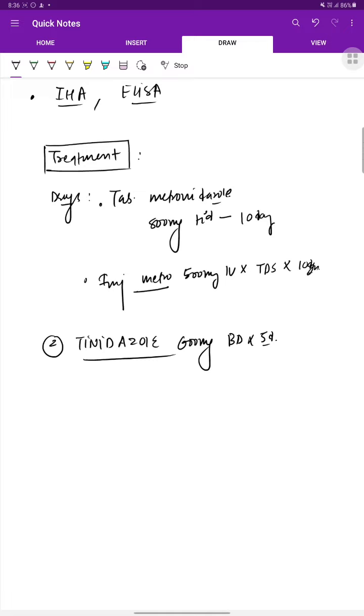We can also give oral antibiotics like cefixime, ciprofloxacin, amoxicillin if the abscess is small, less than 3 centimeter.